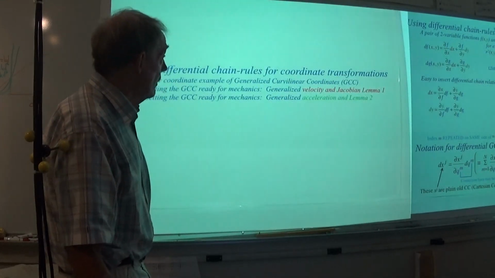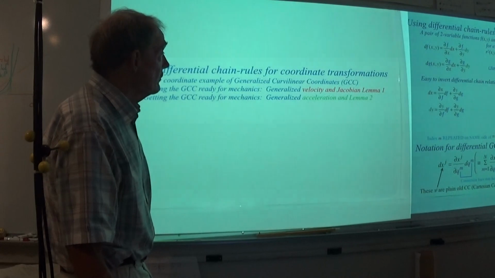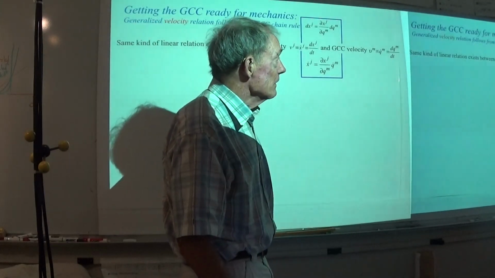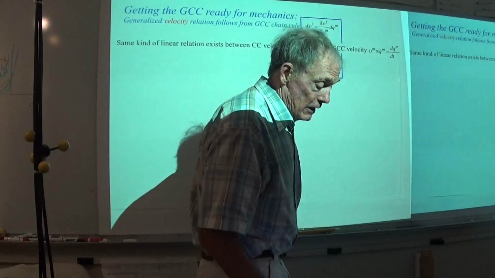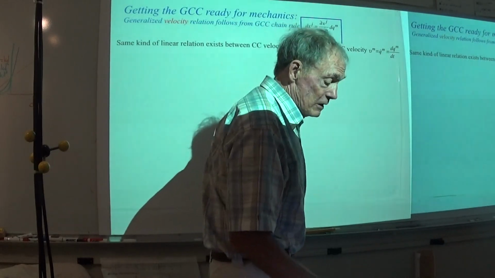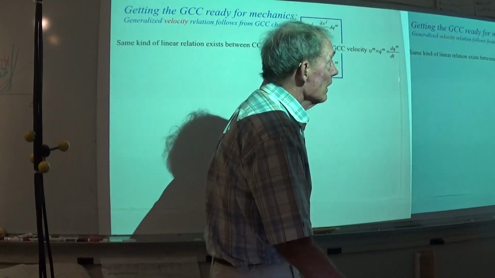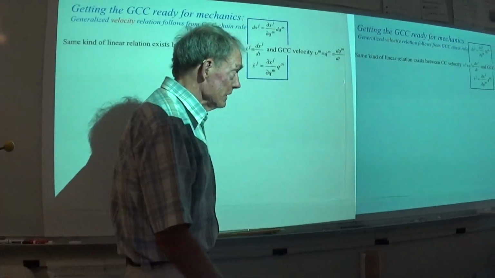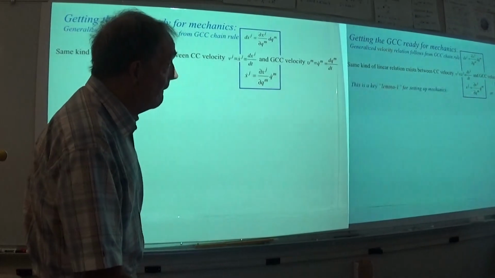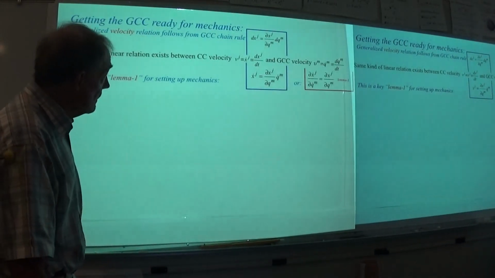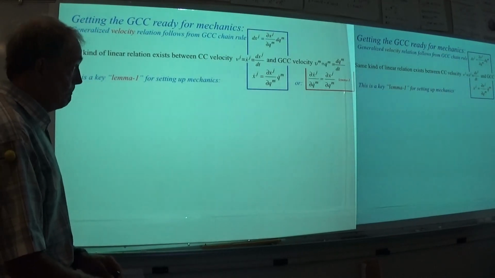Okay, so let's get to work here. There are two lemmas that we really need in order to do our fancy mechanics in these GCC systems. This key lemma 1 right here is quite crucial.